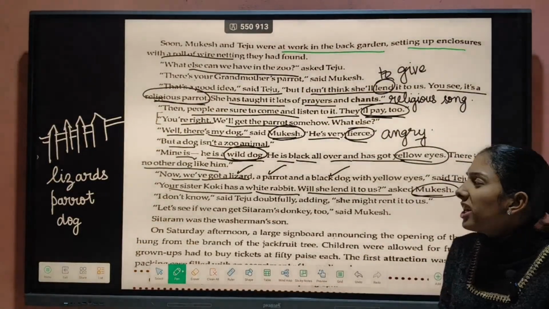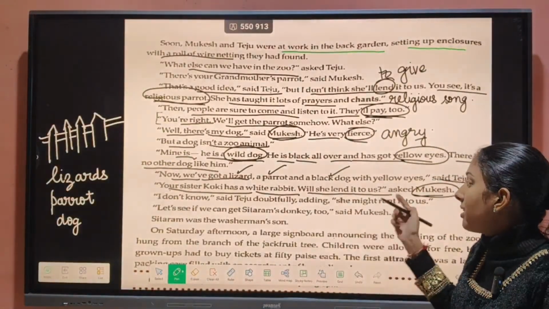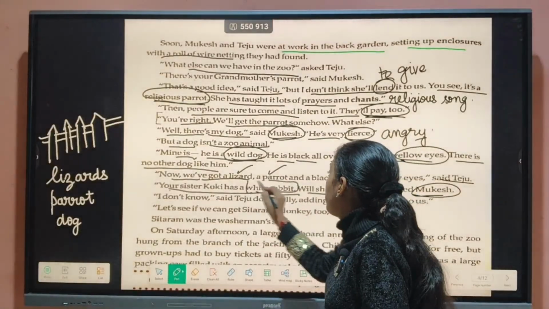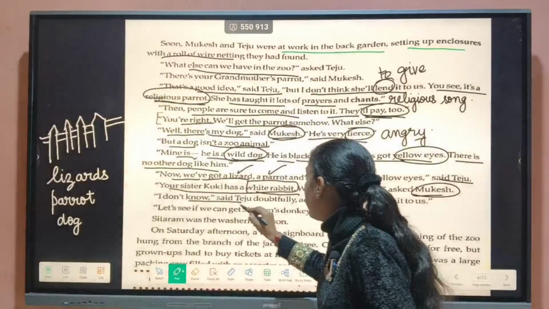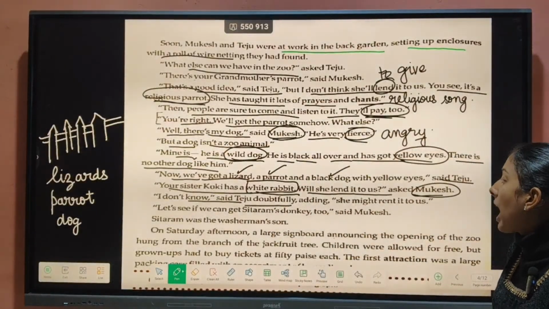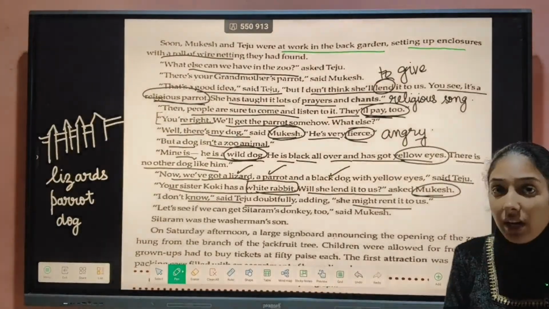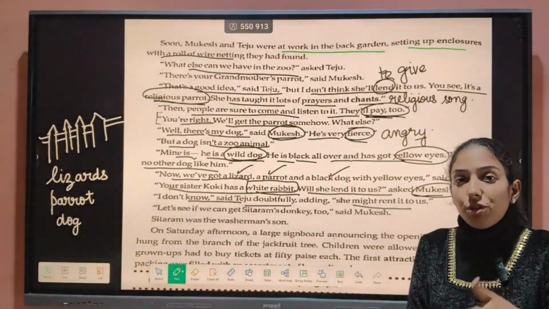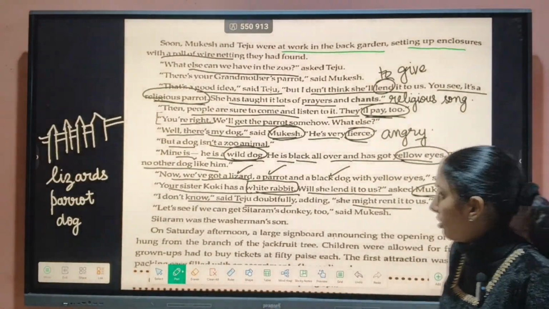Asked Mukesh. Mukesh is saying that your sister is there, na Koki. She is having a white colored pretty rabbit. Will she give it to us? I don't know, said Teju doubtfully, adding she might lend it to us. That she will give if we will pay some money to her, then I think she will give it to us.